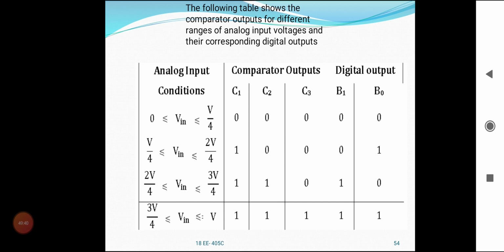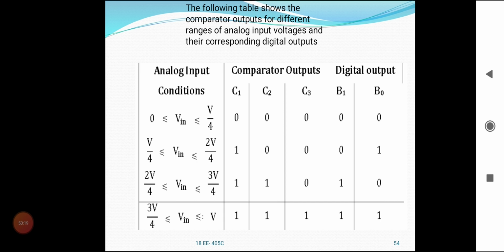The analog input condition is 0 ≤ Vin ≤ V/4: C1, C2, C3 = 0, 0, 0. Digital output is 0, 0. When V/4 ≤ Vin ≤ 2V/4, comparator outputs are 1, 0, 0. Then bit B1 is 0 and bit B0 is 1.